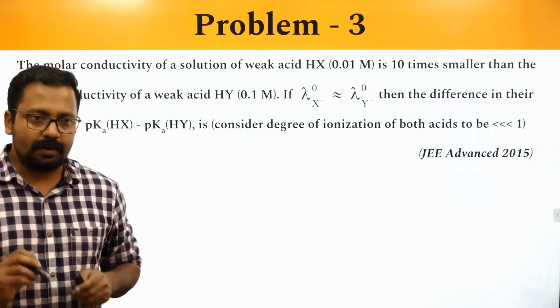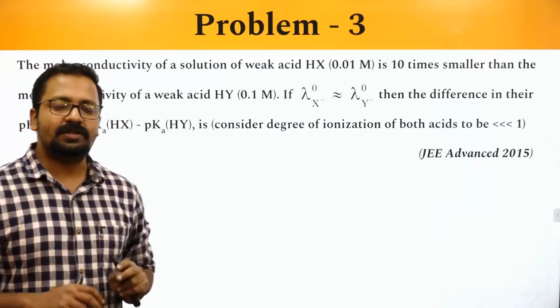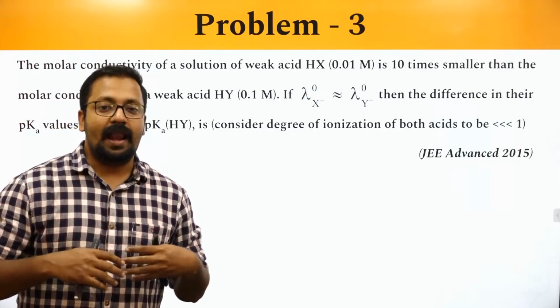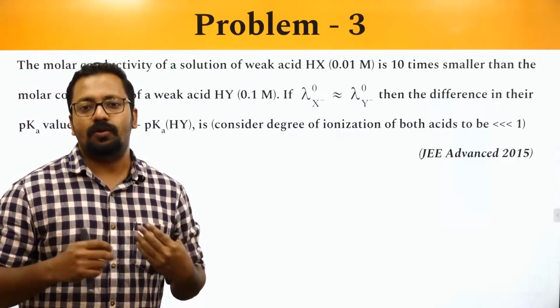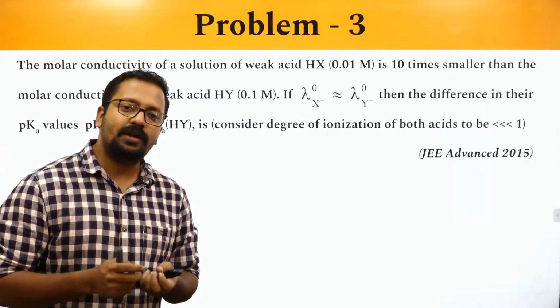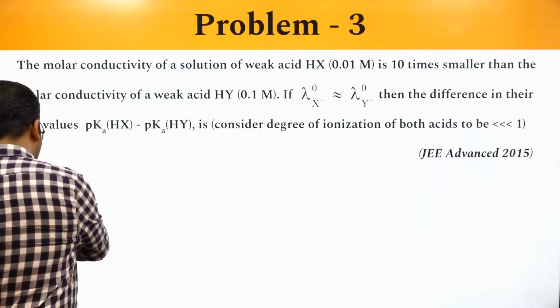One thing you have to remember is that it is molar conductivity, and lambda naught represents the molar conductivity at infinite dilution. That means when a large amount of water is present, there is absolutely no attractive interaction between the cation and anion, and each ion is behaving independently. So how do we solve this question?